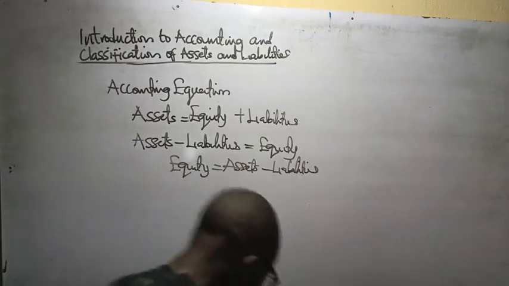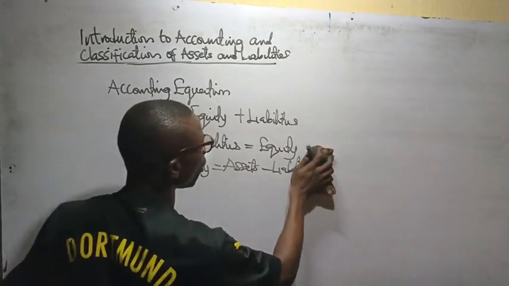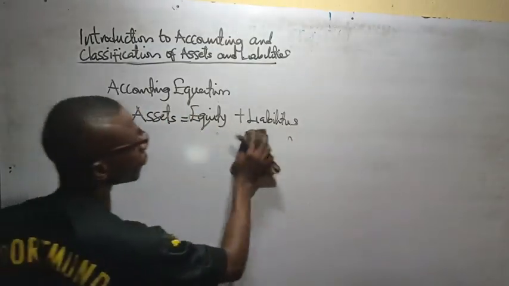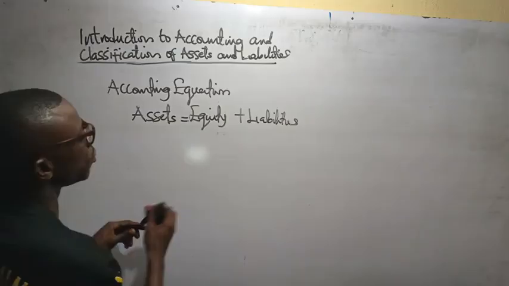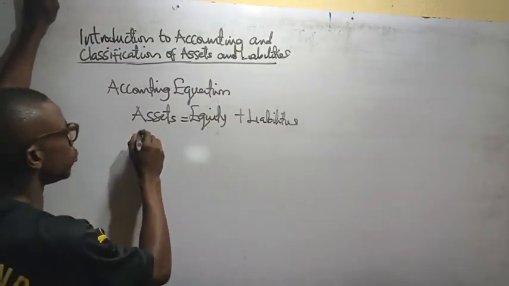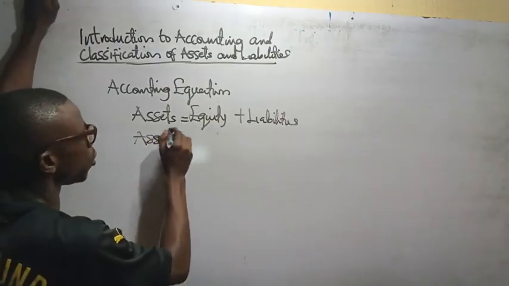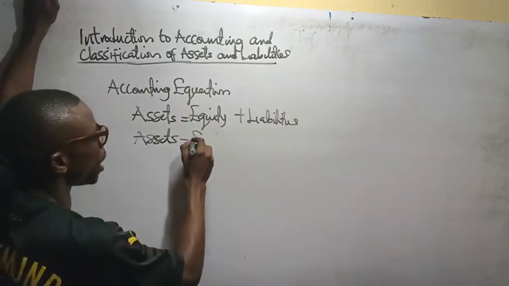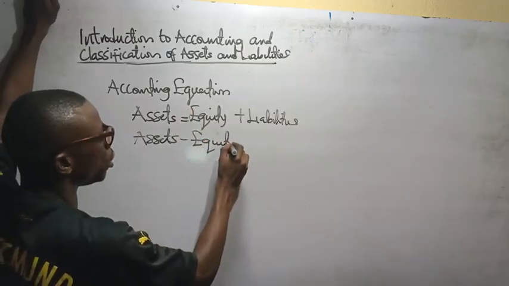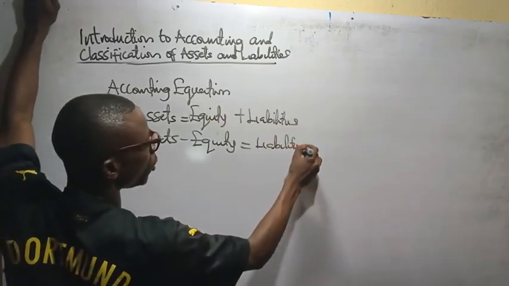Now, if you are asked to look for your liability, how will you get your liability? That means equity will cross the equation sign, so when it moves to the other side, it will become minus. Asset minus equity equals liability.